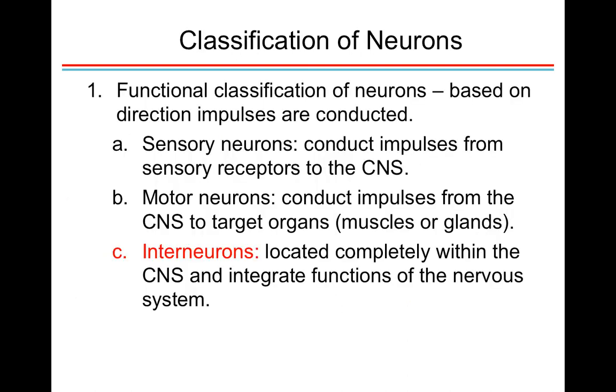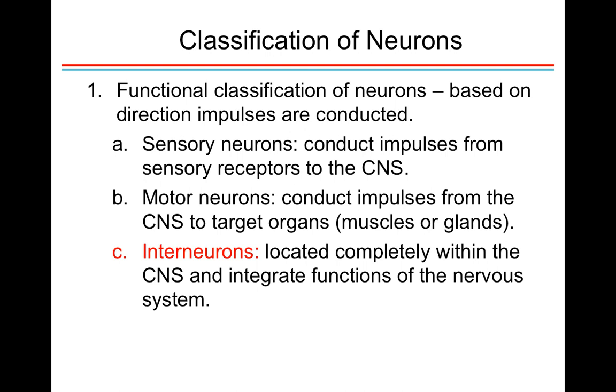So if we look at the classifications of neurons, we can classify them as sensory neurons, and sensory neurons can conduct impulses from sensory receptors, and they bring that information to the central nervous system. Motor neurons conduct impulses in the opposite direction. They go from the central nervous system to target organs such as muscles or glands.